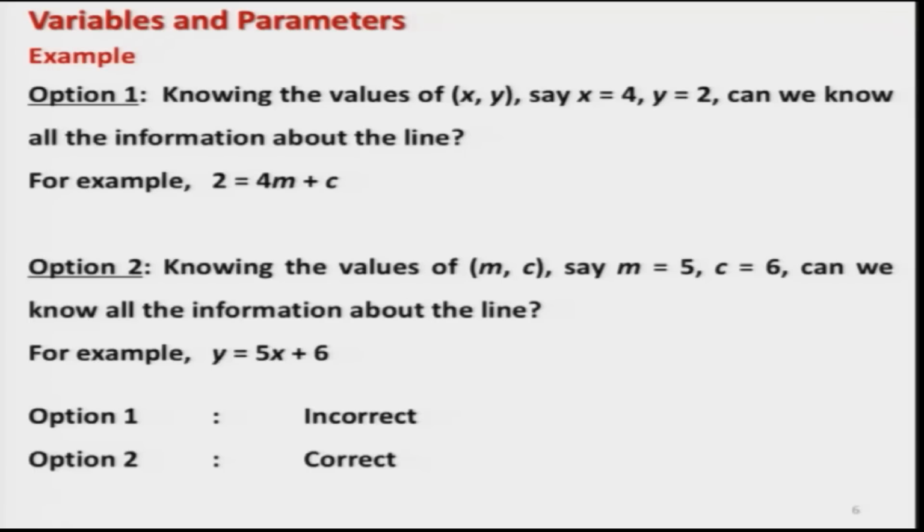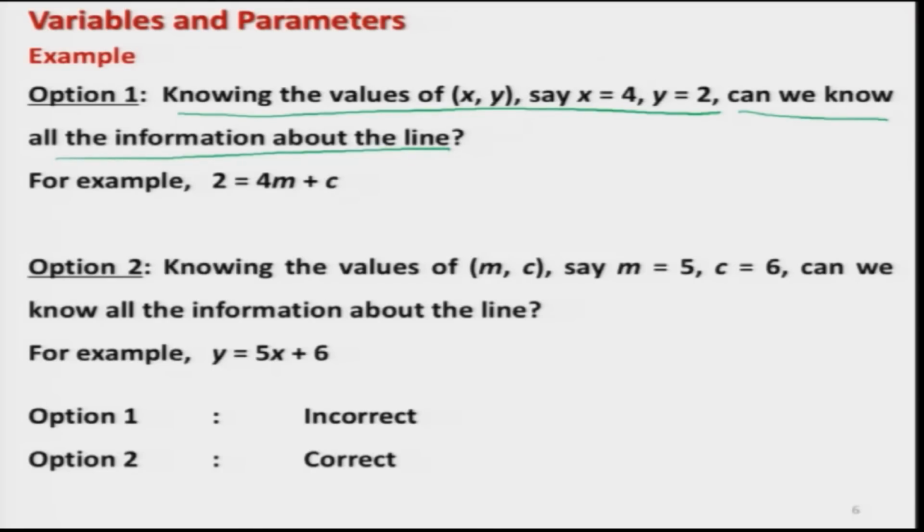Suppose I give you the first option, that you know the value of x and y. Suppose I know the values to be x equal to 4 and y equal to 2. Then my question is, can we know the entire information about the line?